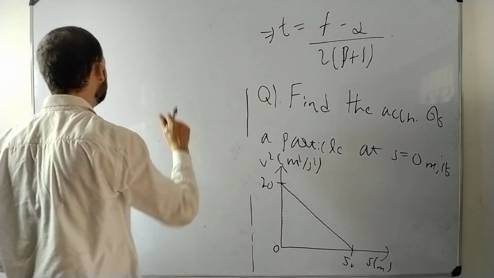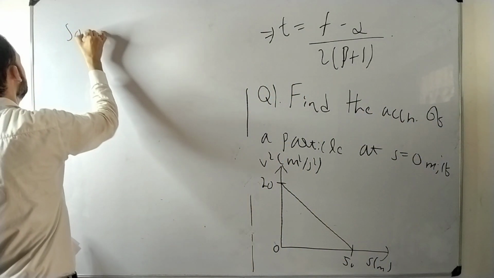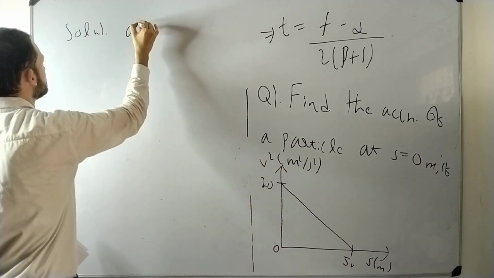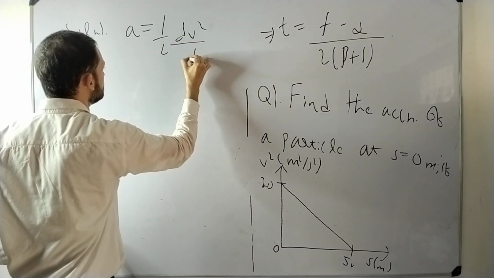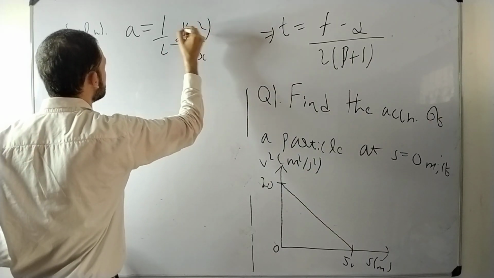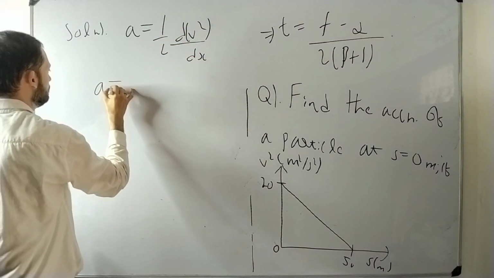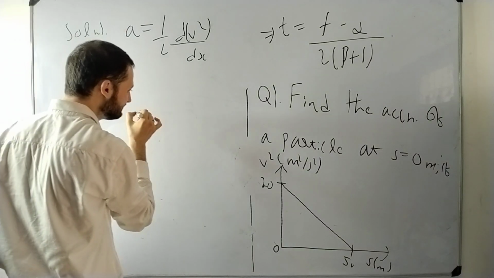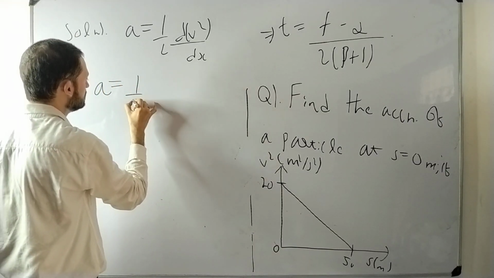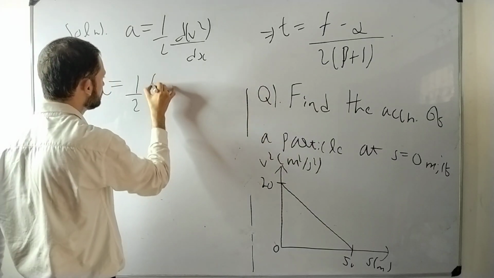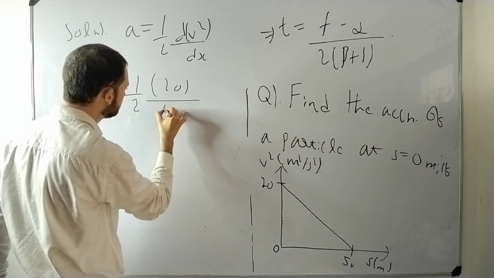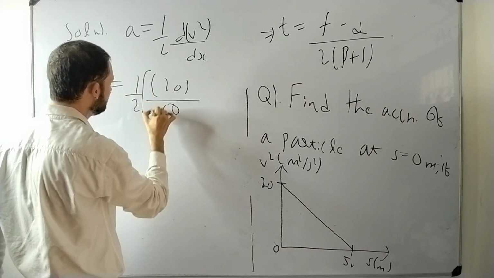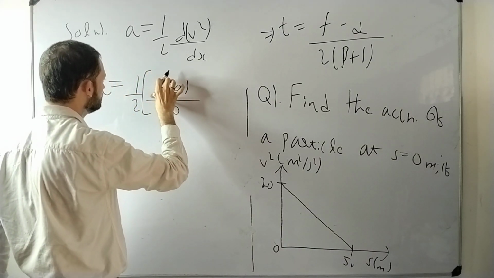So what should I do? Solution: acceleration is half dv square upon dx, and this is acceleration. Half, and the slope is what? 20 and 50, and that too of minus, students.